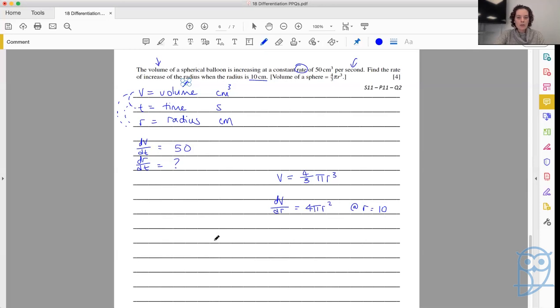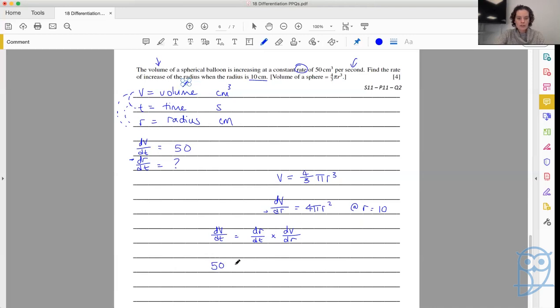So our chain, we want the one that is on top and on bottom. So who's on top and on bottom? We have a dr on top, we have a dr on bottom. So they belong on the right-hand side together. So our chain here is dv by dt equals dr by dt times dv by dr. Then we can plug in what we've got.